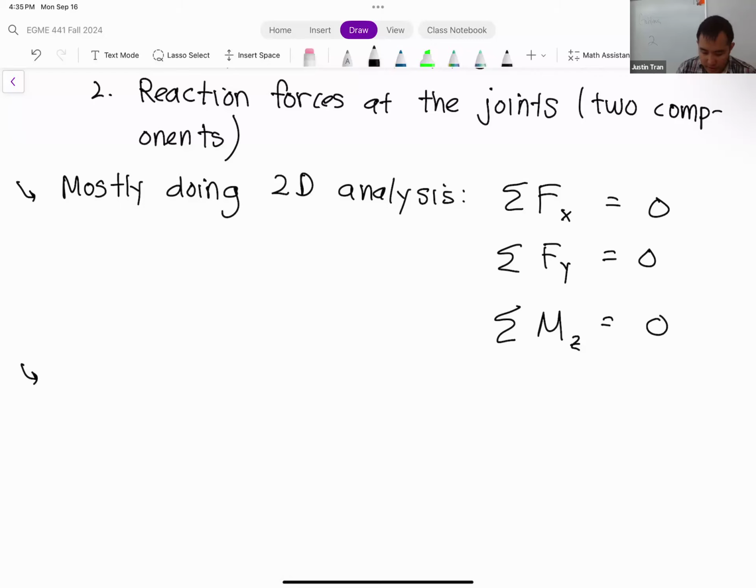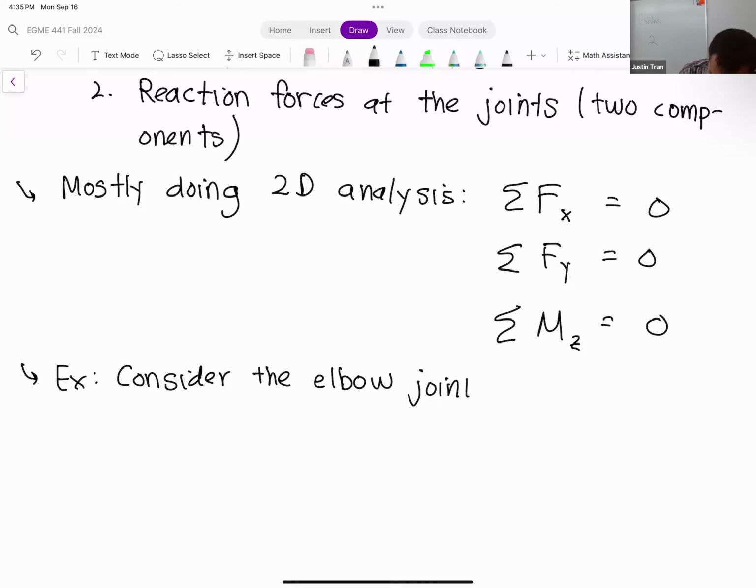Okay. All right. So let's do a simple example just to get us started. Okay. Just so that we can get to know the process. So let's consider an elbow. Okay.